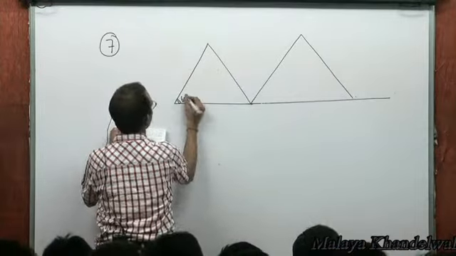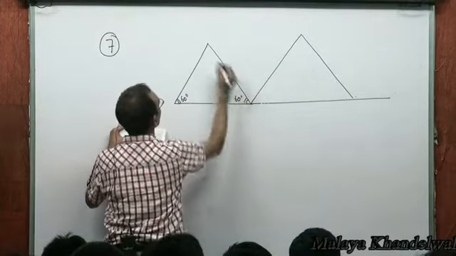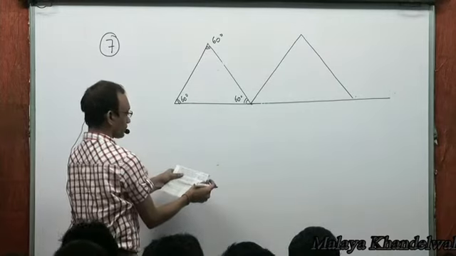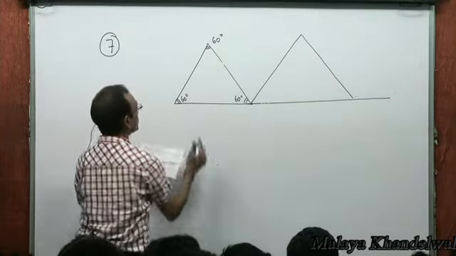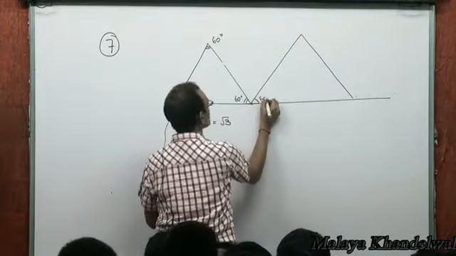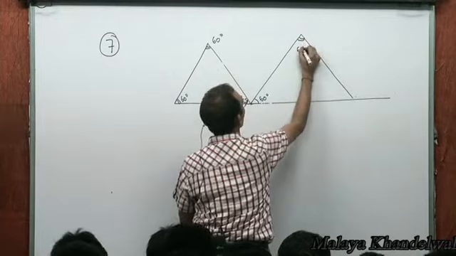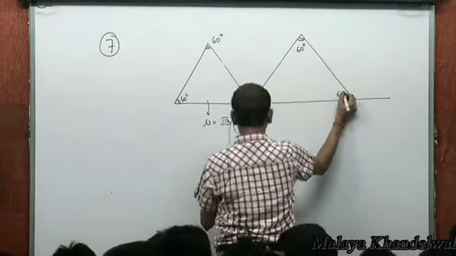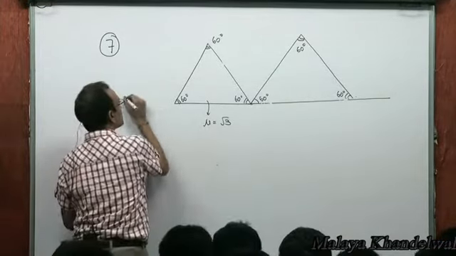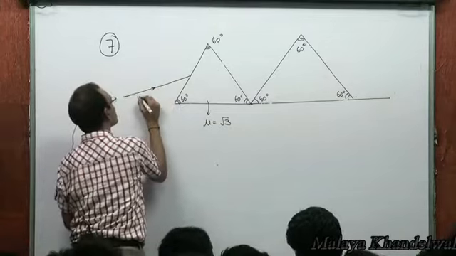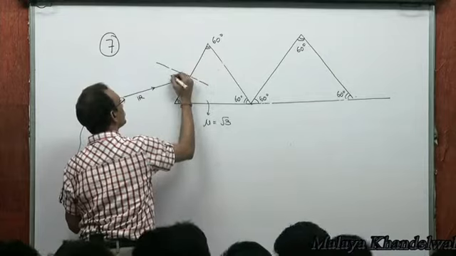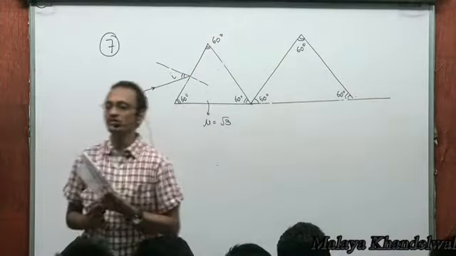These are two equilateral prisms, and made of material of mu equal to root 3, both these prisms. Now a ray of light incident on this prism, say incident at an angle I, suffers minimum deviation.